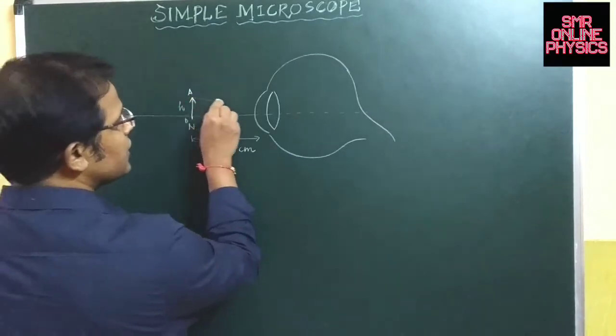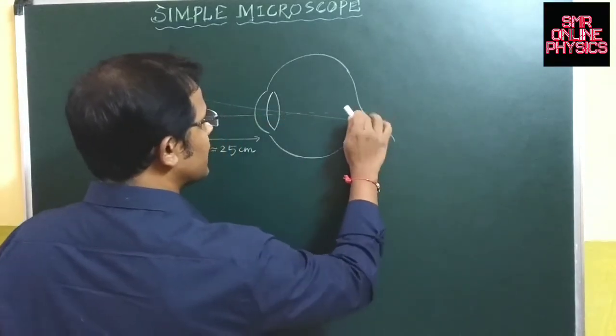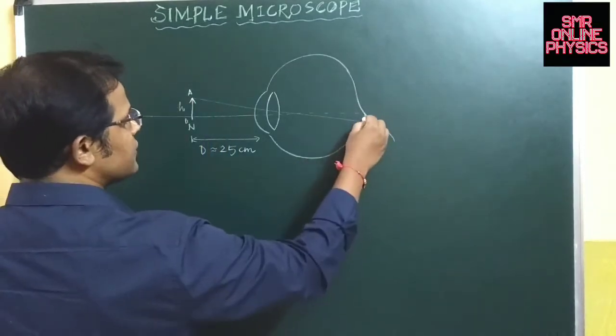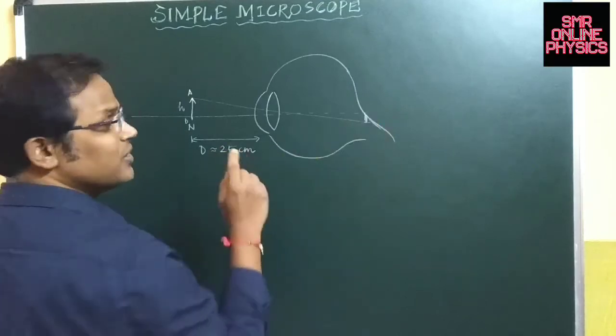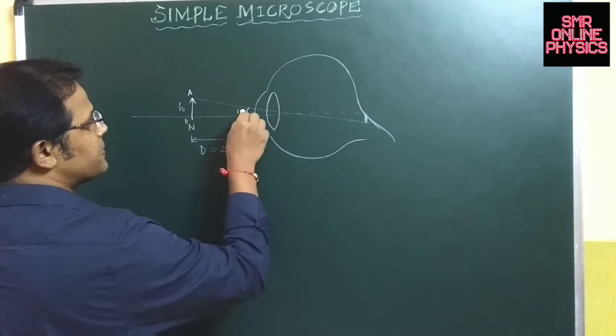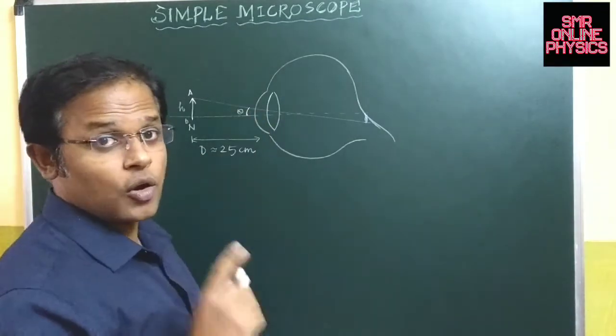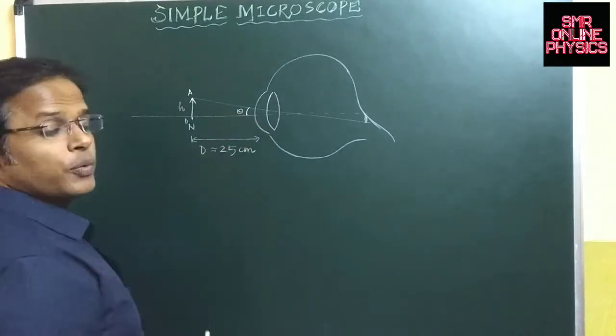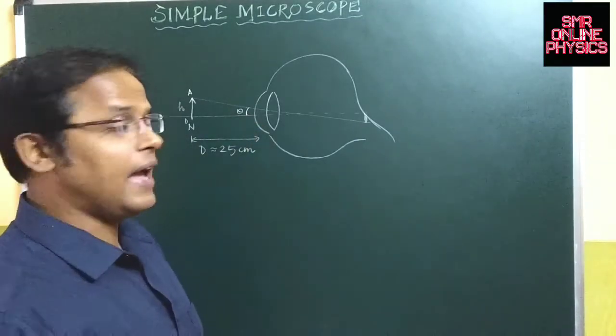You'll find that this is the portion where the image is formed. And this is the angle subtended by the eye onto the height of the object. This is what is called the visual angle.